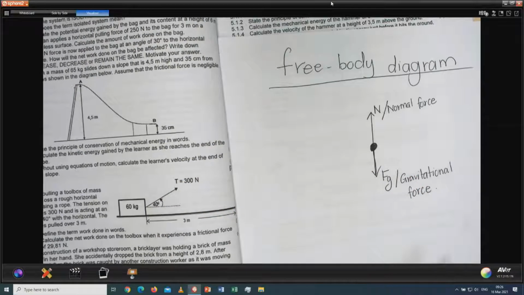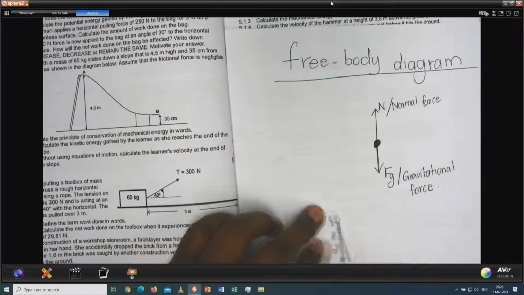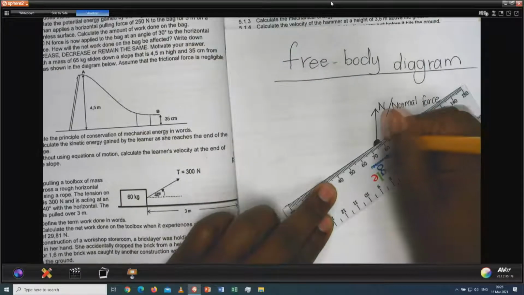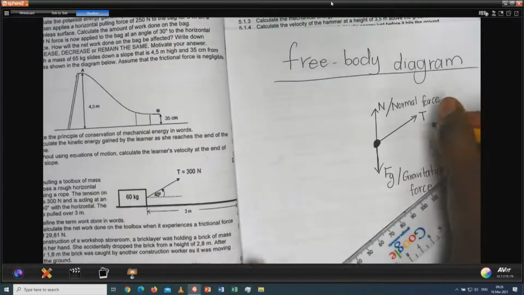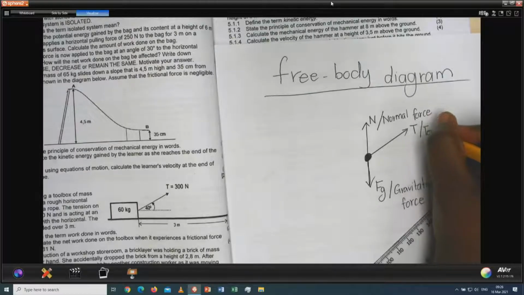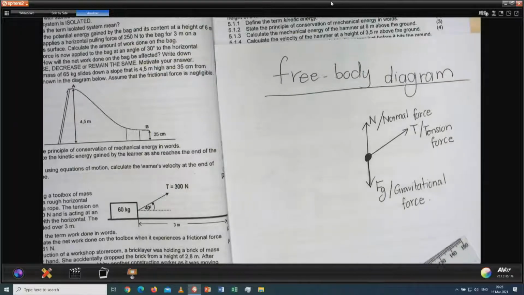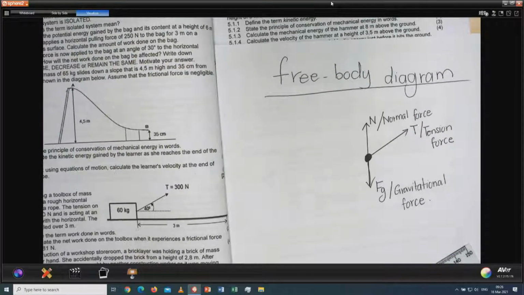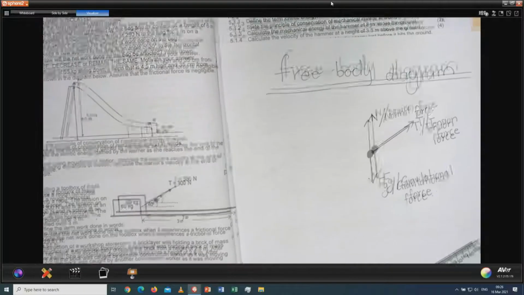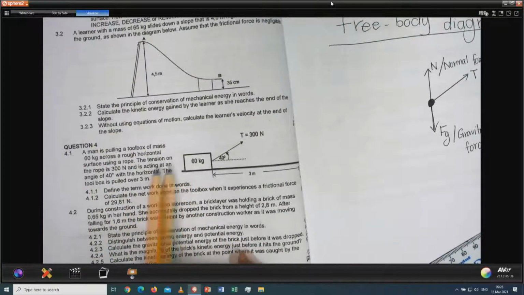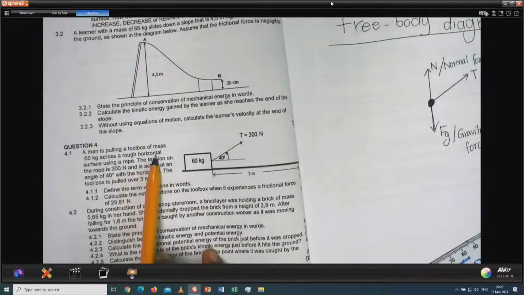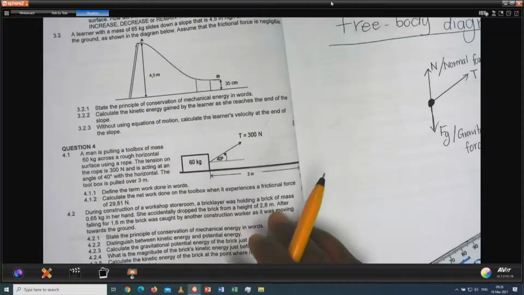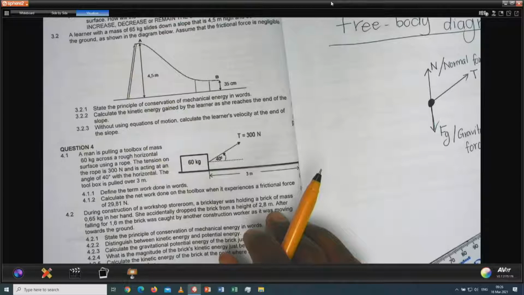Then when we look at this force, we are already told that they're using a rope, and then that is our tension force. So this is T. I think we can also accept when you say it's the tension force. Then if we look in our statement, it says here, the object is moving across a rough horizontal surface. That means there is a frictional force that is involved.